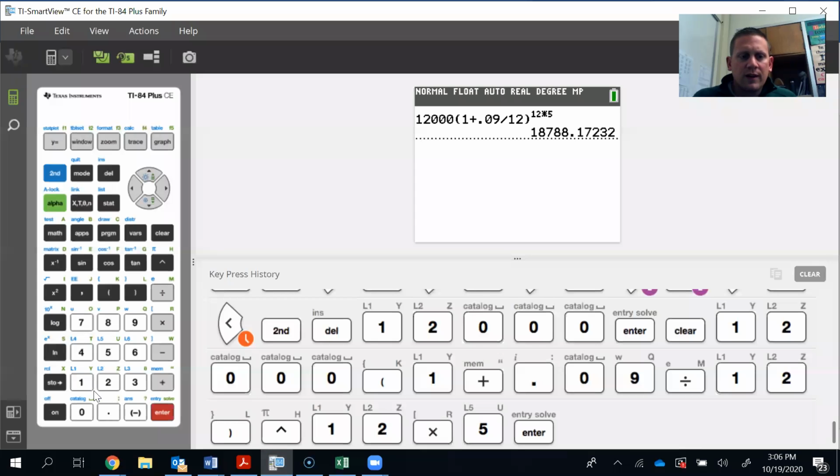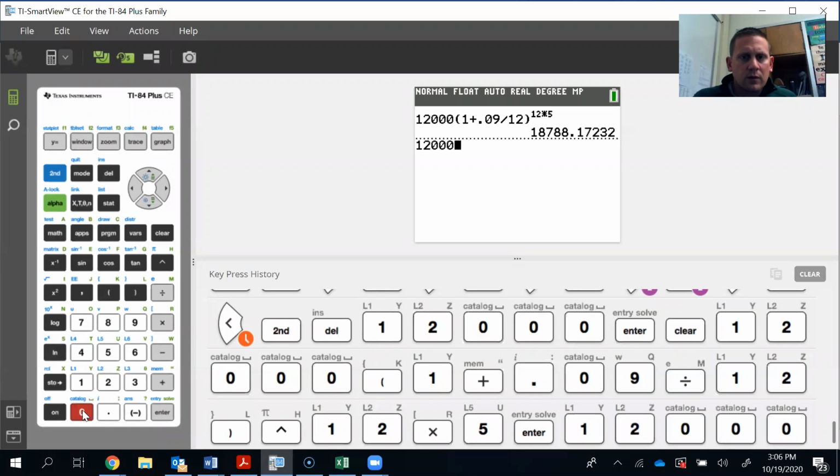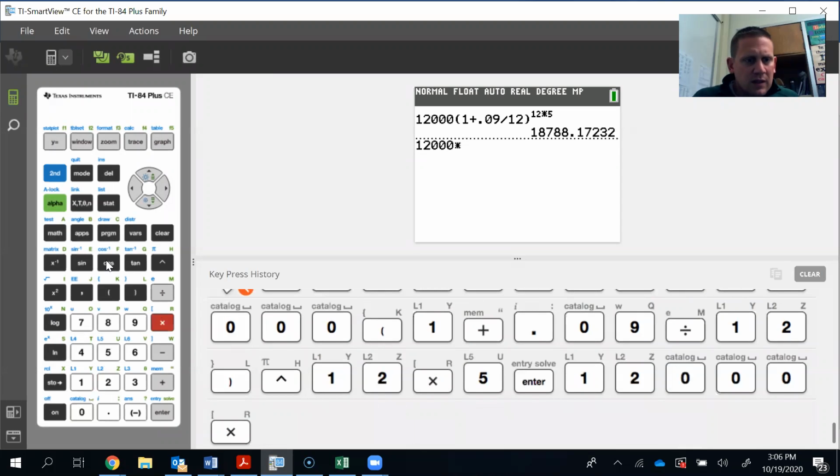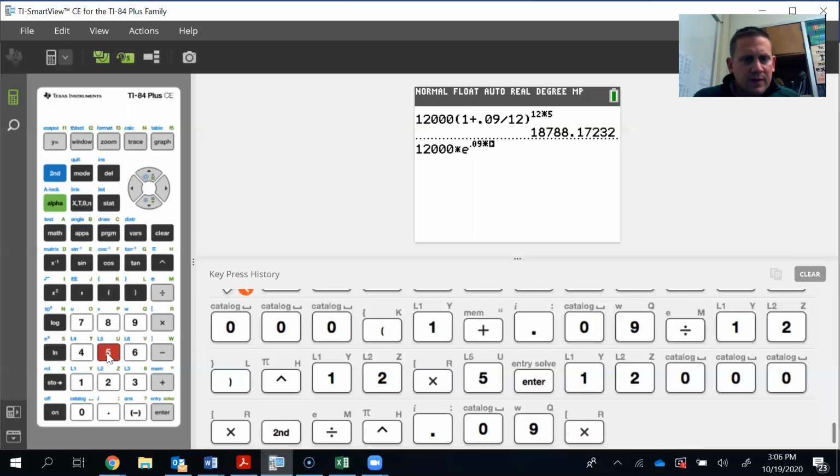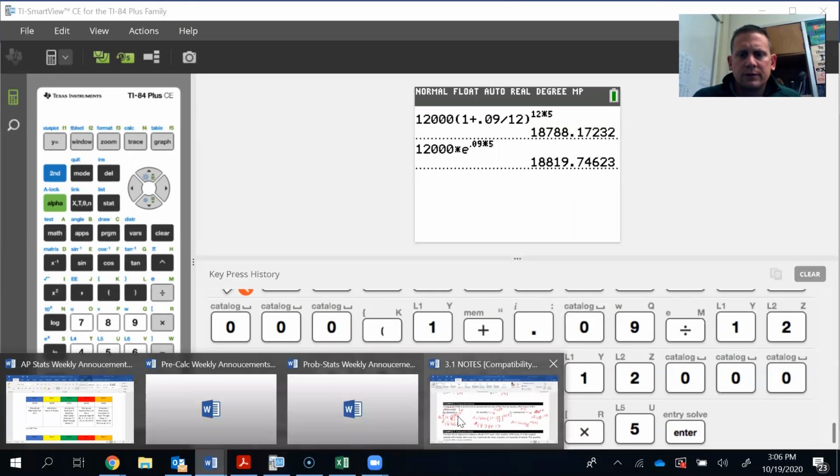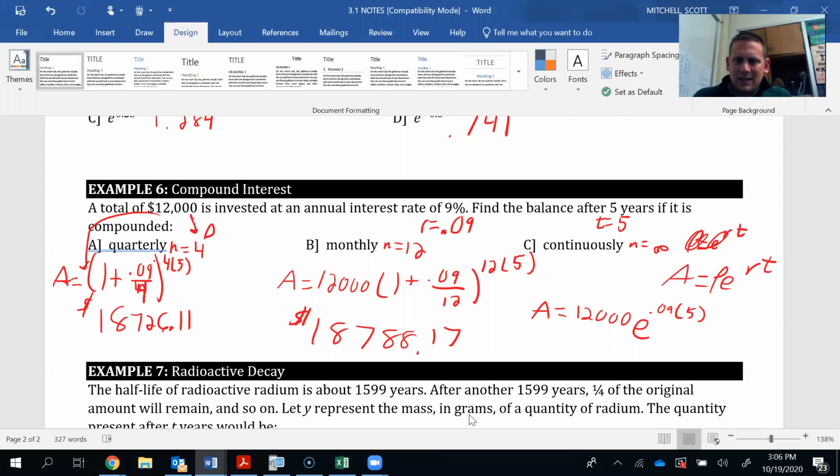So we're going to go 12,000 times the E button, which is the second E there, and that is to the 0.09 times 5. And notice it's a little bit more than compounding monthly. So we come over here to our 18,889.